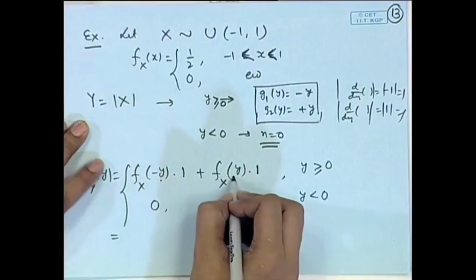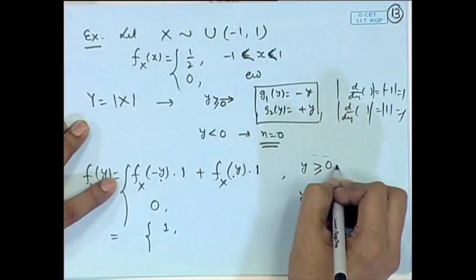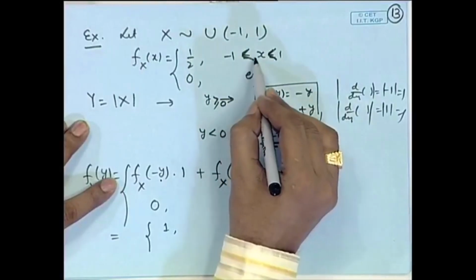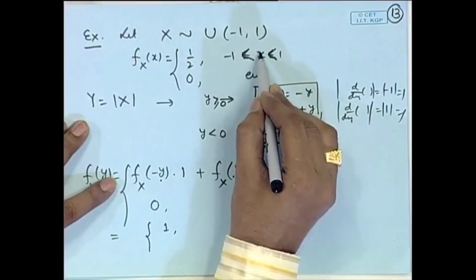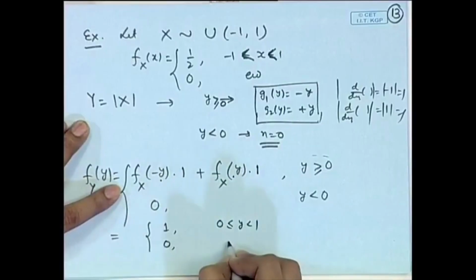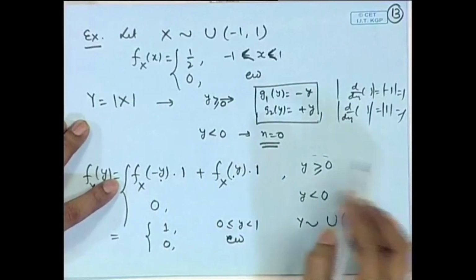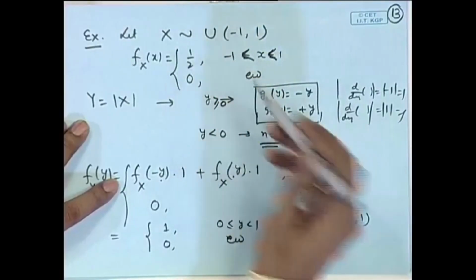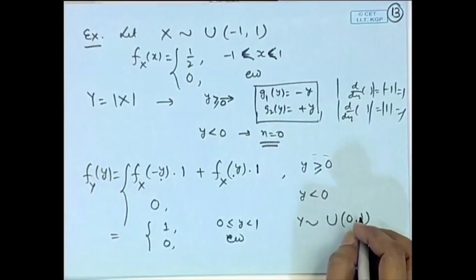So, this is half plus half, that is equal to 1, for y between 0 and 1, and it is equal to 0 for y outside 0 to 1. So, you can see that y follows uniform 0 1. If x is uniform on -1 to 1, then modulus of x is uniform on the interval 0 to 1.